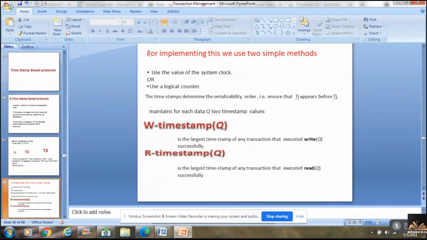For implementation of this, we use 2 simple methods. The first one is to use the value of the system clock, or use a logical counter.